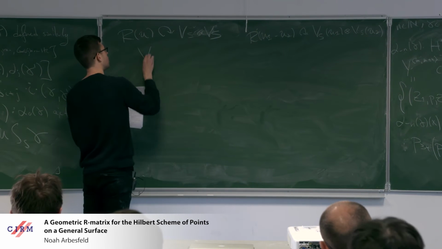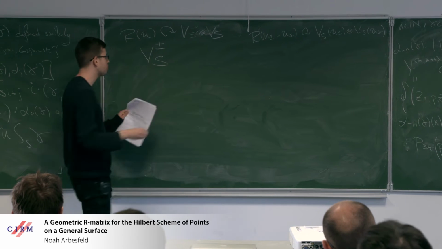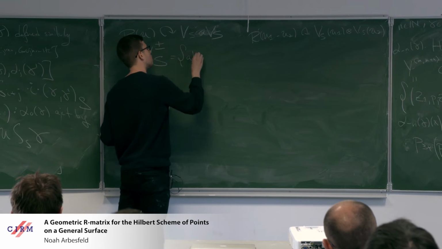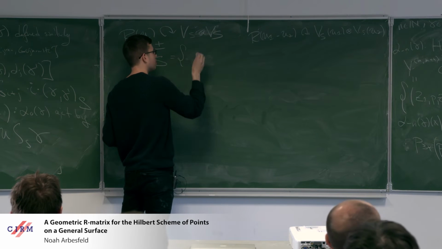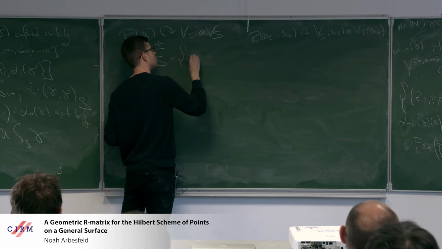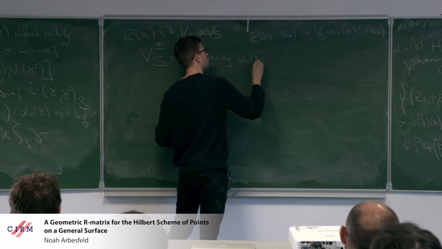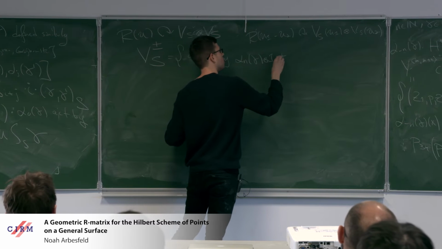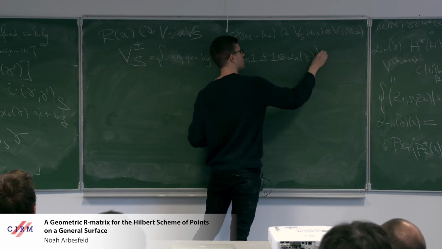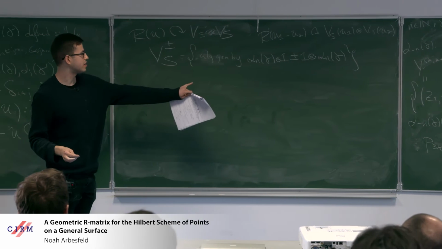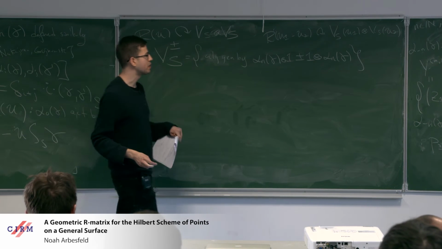So I want to let V_S with either a plus or minus as a superscript be the subspace generated by either alpha_n tensor 1 plus 1 tensor alpha_n, or minus, depending upon if I have a plus or minus here.